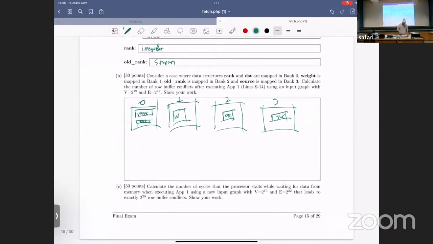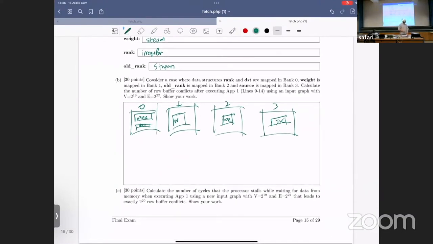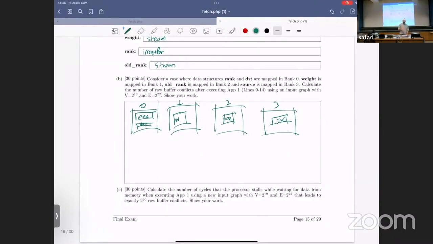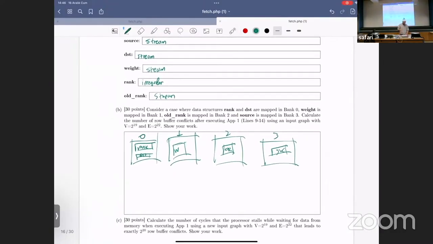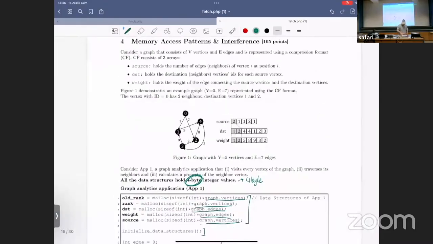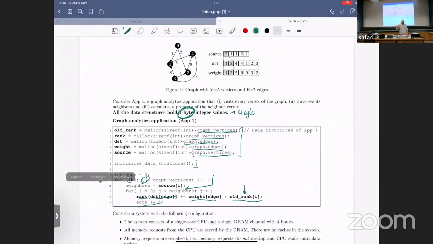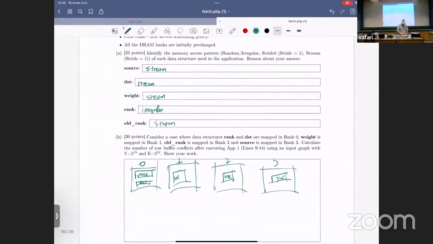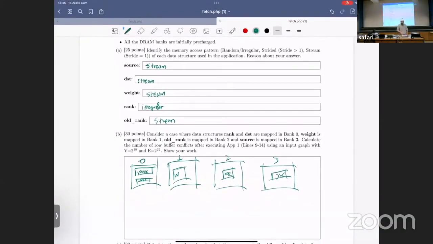So how do you do this calculation? The most tricky part here is that bank 0 has rank and DST inside it. How many times will rank and DST be accessed? DST is a stream, and as we can see, DST will be accessed once for every edge, so 2 to the power of 22 times.